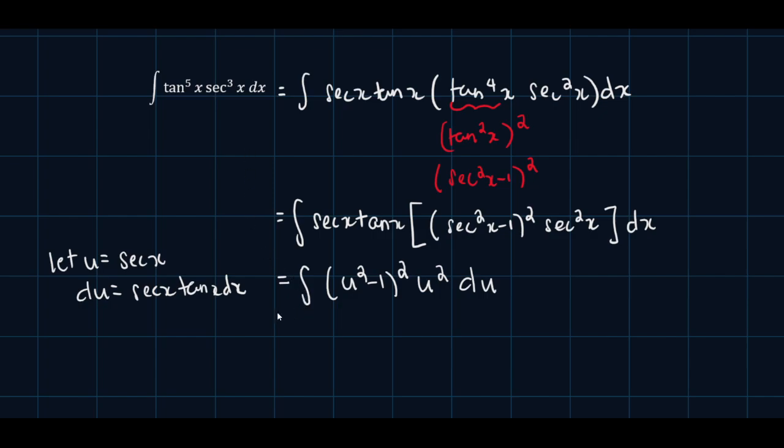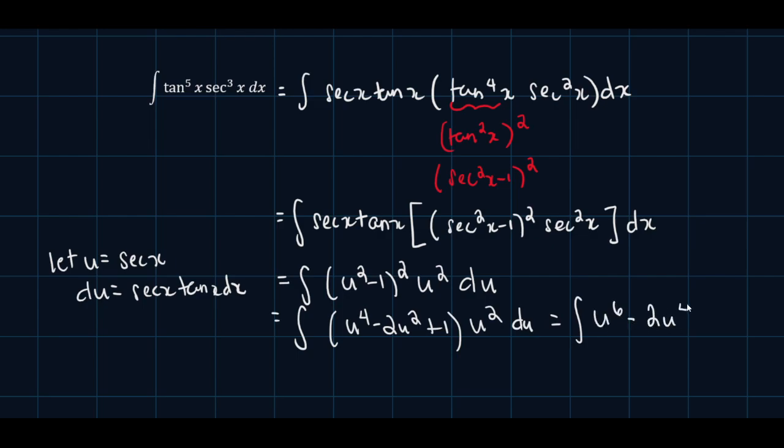I simplify. This part here will give us u to the 4th minus 2u squared plus 1 times u squared du, or u to the 6th minus 2u to the 4th plus u squared du.